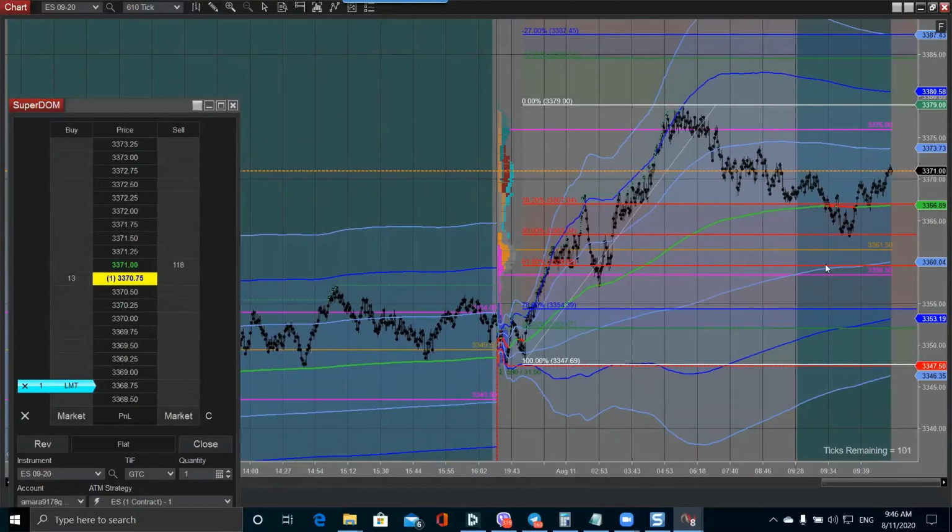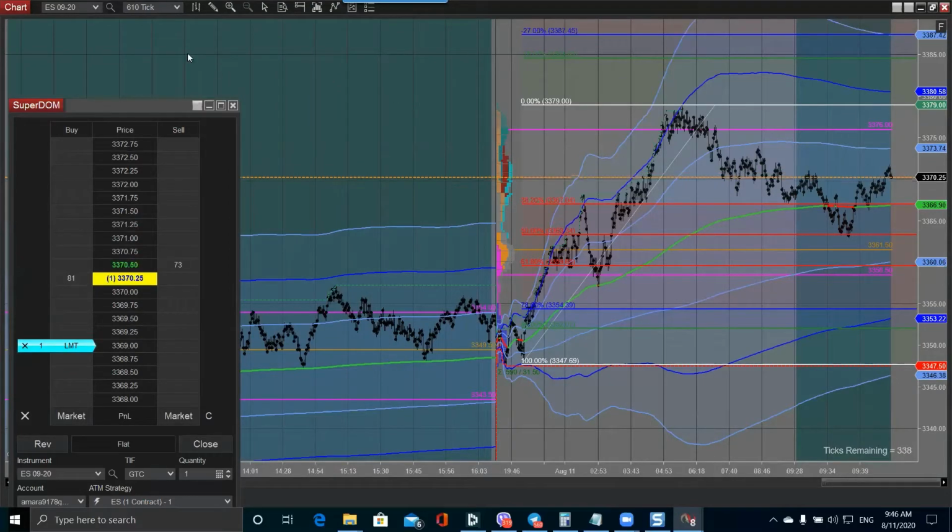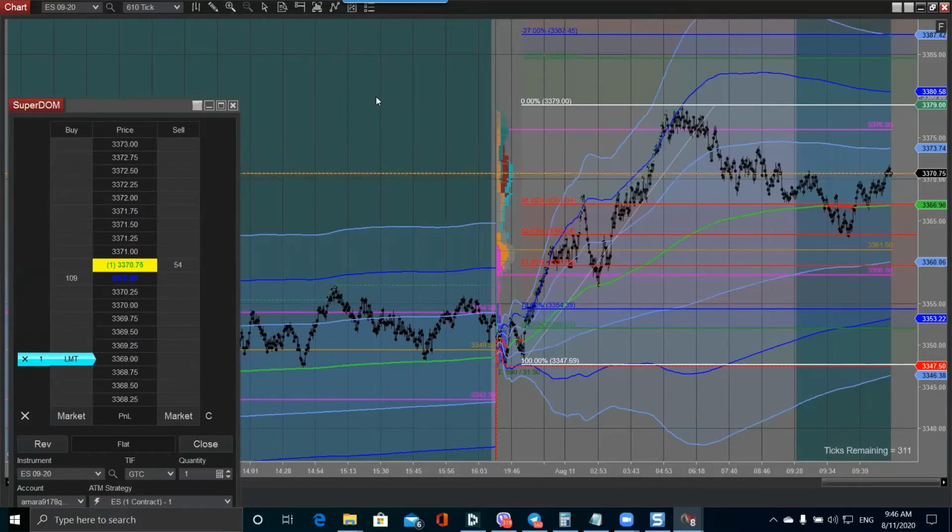Again, here's their value area. So maybe our target, if we ever get in this trade, would be somewhere at the top of that value area.